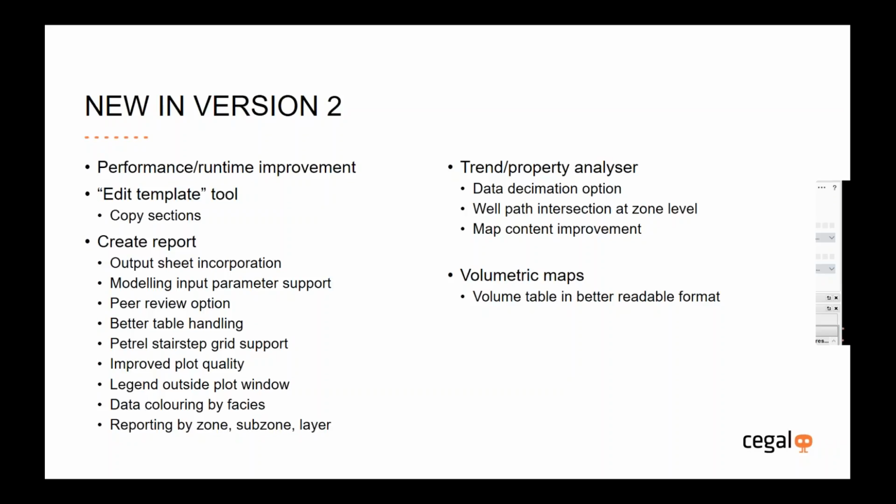You have the legends, which you now post outside or next to the plot window, so they don't cover any of your data in the plot window. You can color data by facies now, and you now have the option to report not only by zone but also by subzone and layer. In the trend analyzer, you have the big new data decimation button, which is perfect.